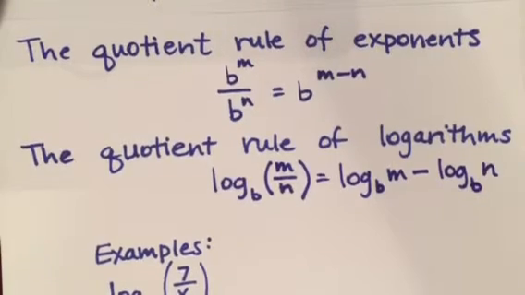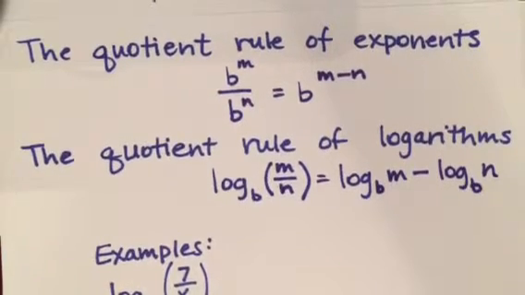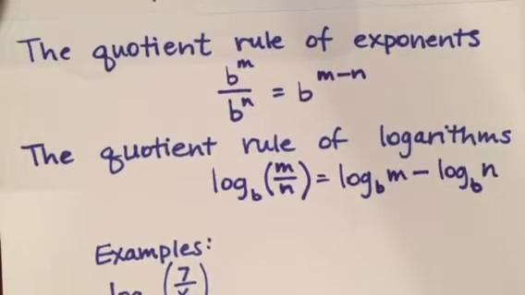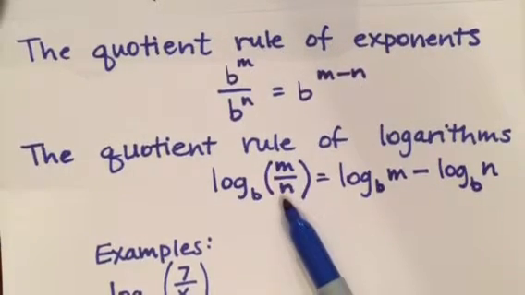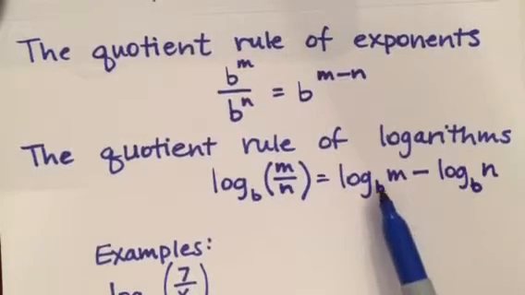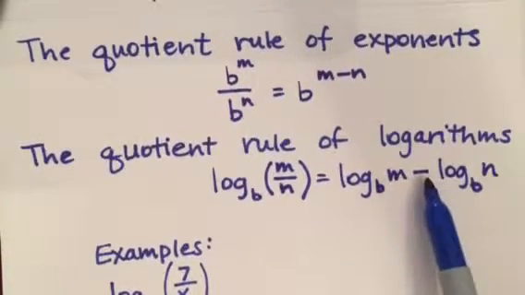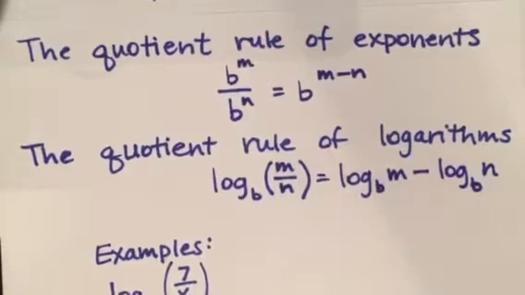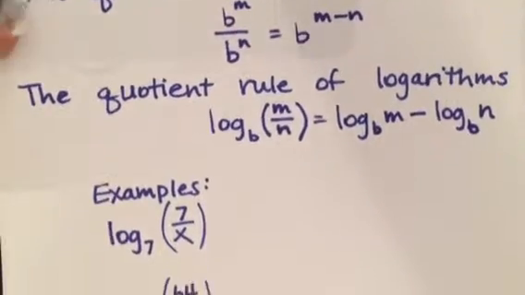Okay, so we can employ this rule in breaking a quotient apart, or taking two logarithms that are separated by a subtraction sign and combining them into a single logarithm. And we'll do more with that a little bit later. Okay, so let's start with some examples. I have 5 examples here for you.